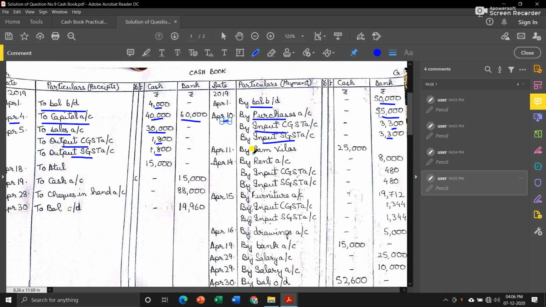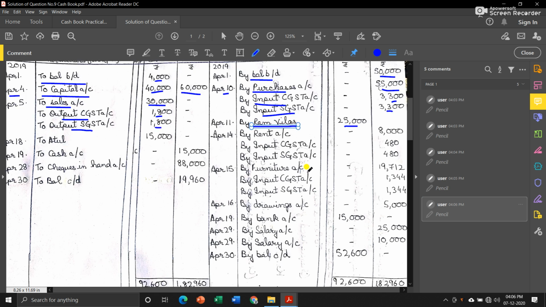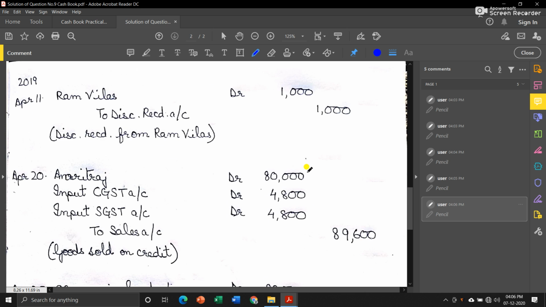So on the 11th of April we wrote by Ram Vilas 25,000, and for the discount received, we will pass one journal entry in our journal proper.